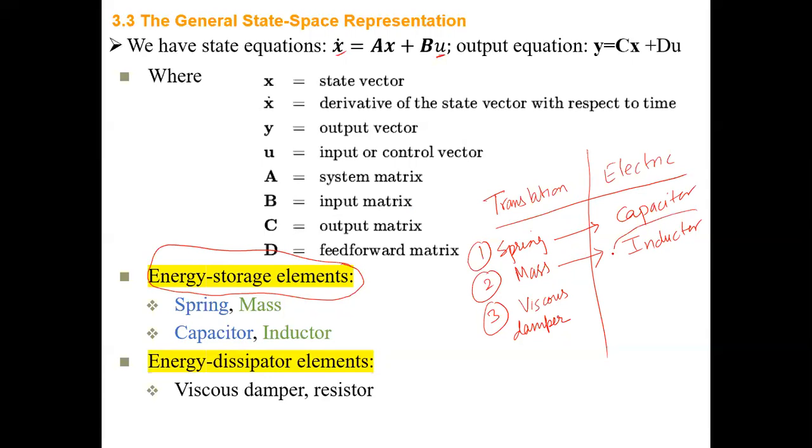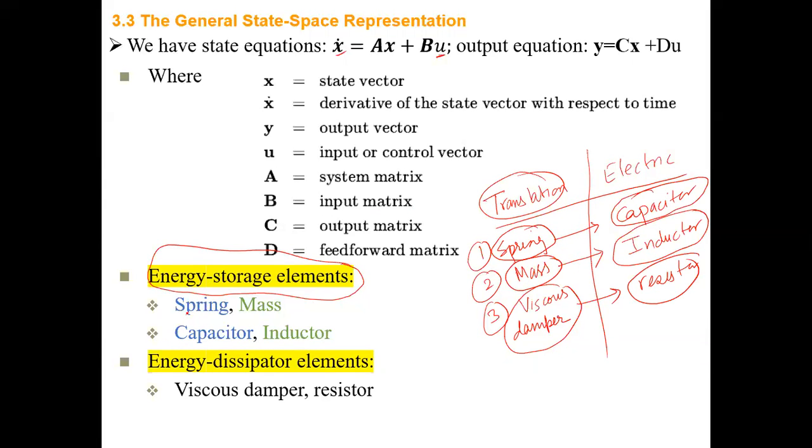The inductor in electrical system plays exactly the same role that the mass plays in translation system. The capacitor in electrical system plays exactly the same role as the spring does in translation motion. Similarly, viscous damper in translation motion plays exactly the same role as the resistor does in the electrical system. Now, this spring, mass, capacitor, and inductor, they are called energy storage element, while the resistor and viscous damper, they are called energy dissipator elements.